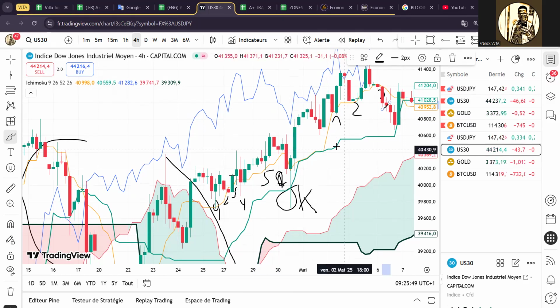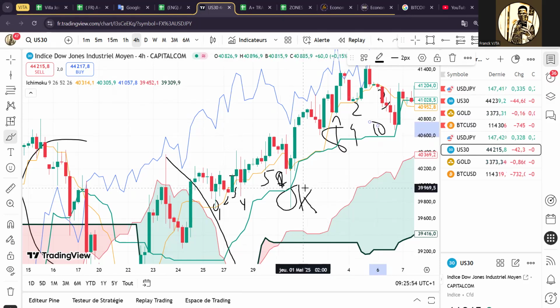We don't continue like 8, 9, 10. No. As soon as we touch another line, and then we come back again to the previous line, the counting starts again from the beginning.